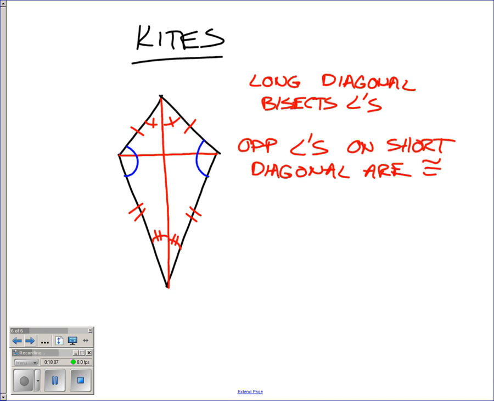It's just that one is the same as the other. Now, the last part is that the two diagonals are perpendicular, just like they are for a rhombus. So this angle right here is perpendicular, and those are the properties of kites that are special.